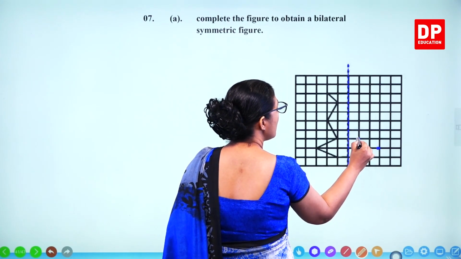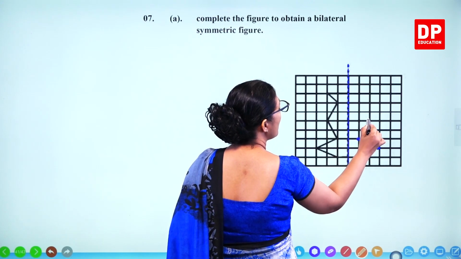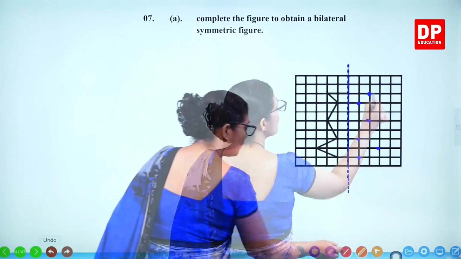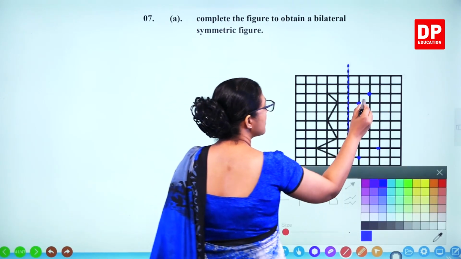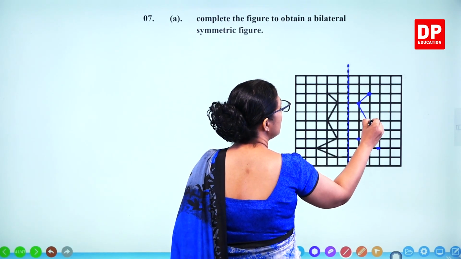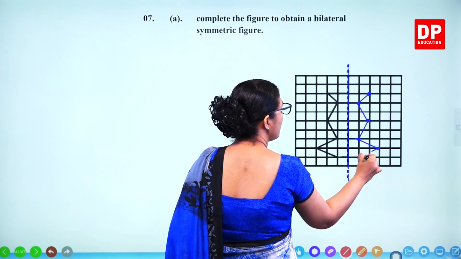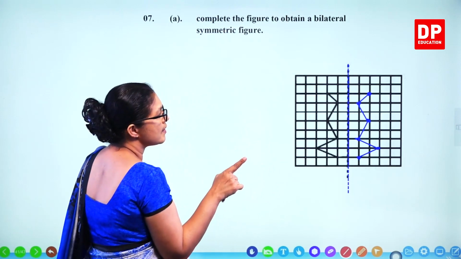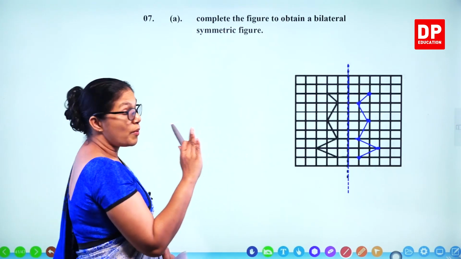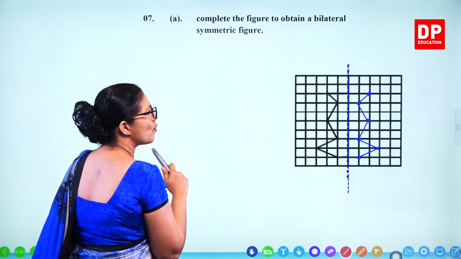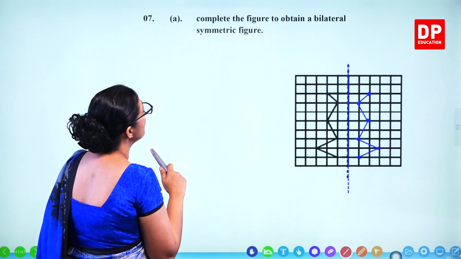Then 1 square. Here 2 squares to this side, 1 square and 2 squares. Now you can connect. Here, then you get this one and this one and here. So that's the other side. When you fold it, you get the same shape, coinciding with the other one.